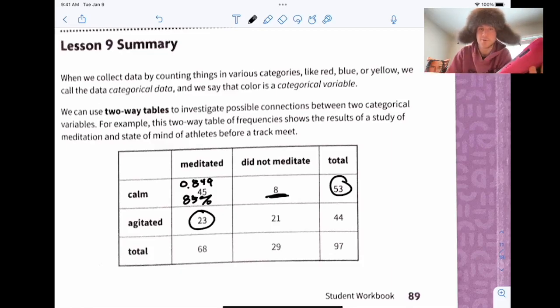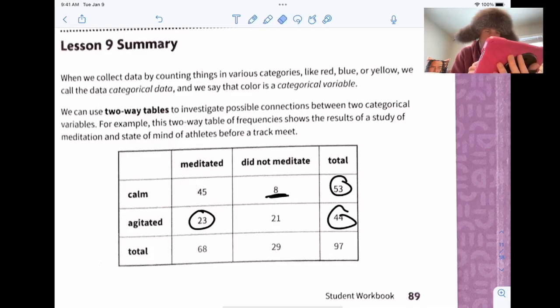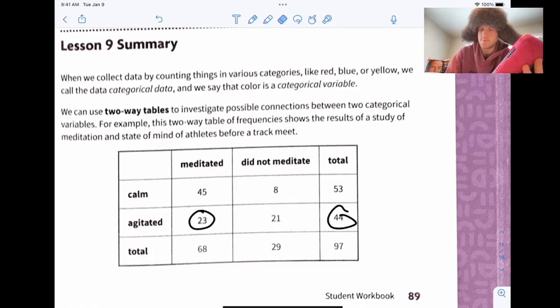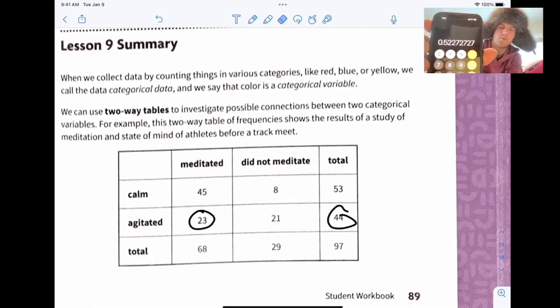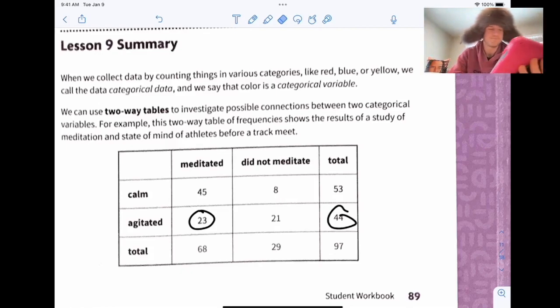Okay, so here we're trying to use the row totals, so 23 divided by 44. Let me erase all this junk. We don't need that anymore. All right, so 23 divided by 44. Look at that. We get 0.52, or 52%.